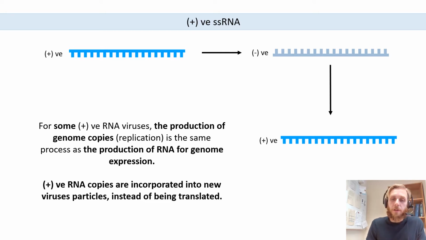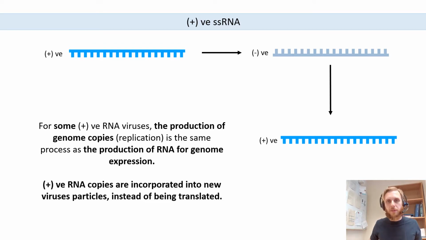Interestingly, for a lot of positive sense RNA viruses, the process of genome replication is exactly the same as the process of genome expression that we just looked at. It should be clear why when we walk through the process. We're starting off with this positive sense single-stranded RNA. If we want to replicate this genome, we need a copy that is exactly the same, in the same form.